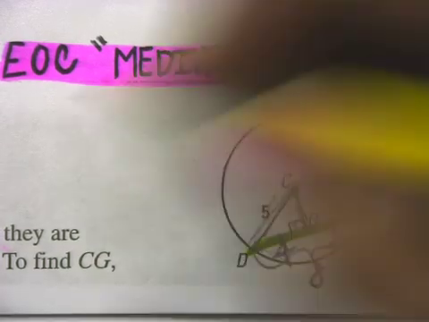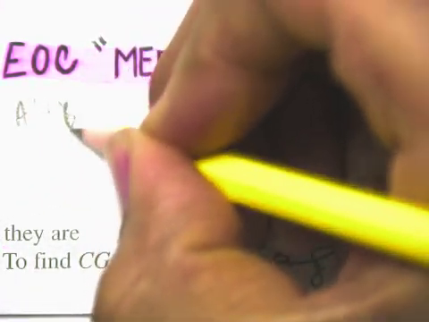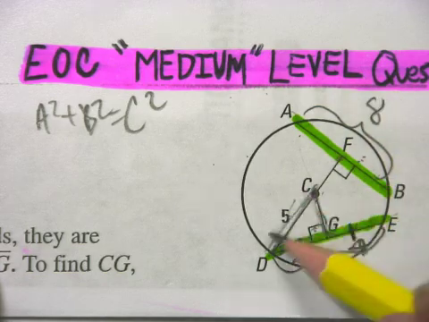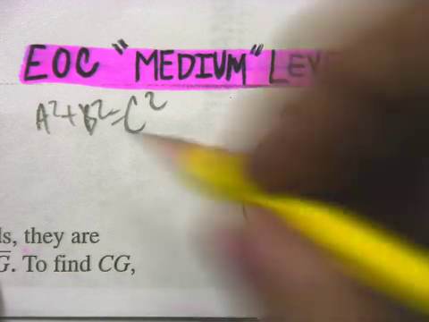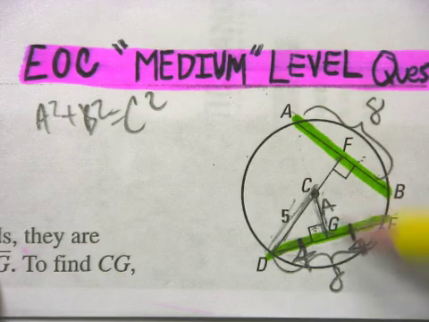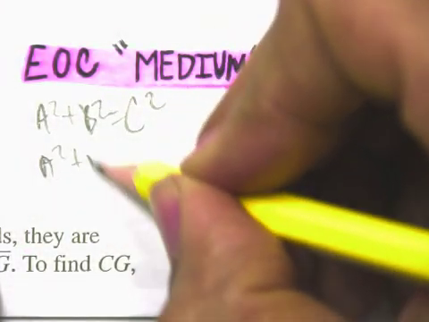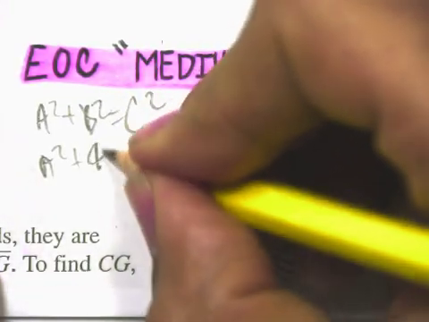I hope you notice here that what you have is a right triangle, where this is the hypotenuse and this is the leg. And if this is 4 and this is 5, we can find CG using the Pythagorean theorem. A squared plus B squared is equal to C squared. Where 5 is my hypotenuse.